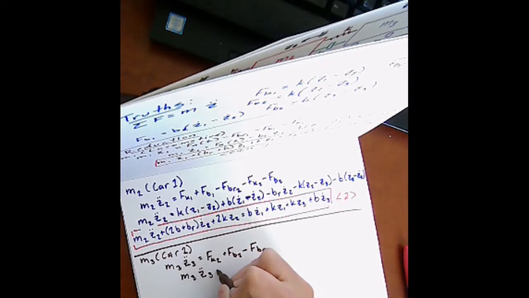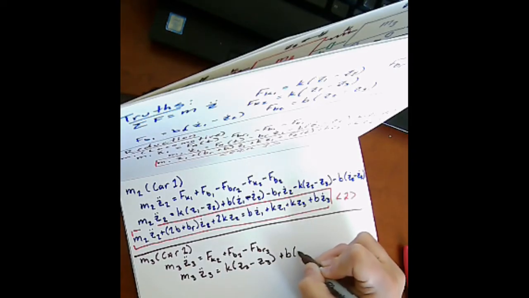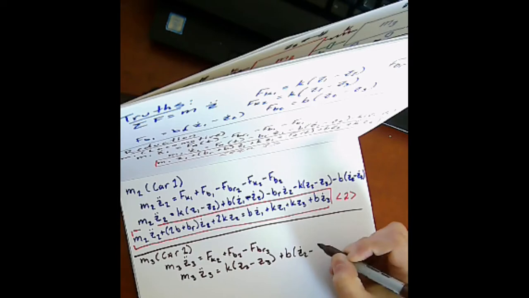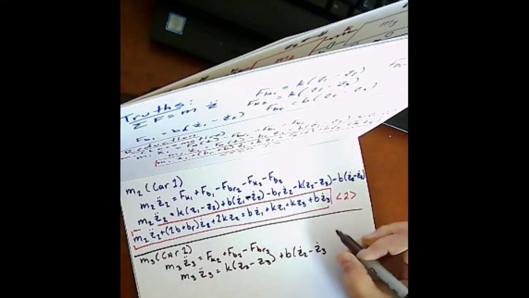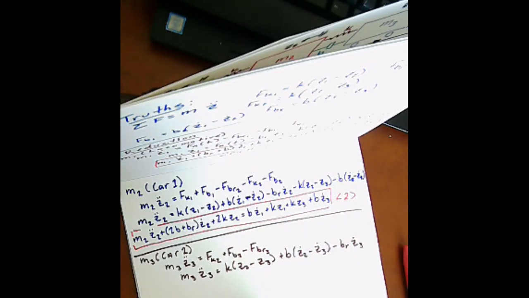M3 Z double dot 3 is equal to K times Z2 minus Z3 plus B times Z dot 2 minus Z dot 3 minus BR Z dot 3.